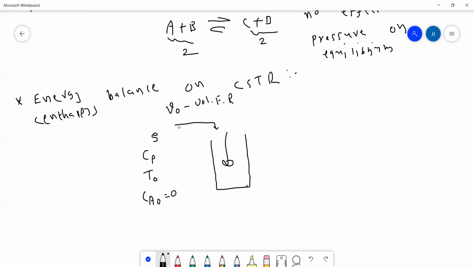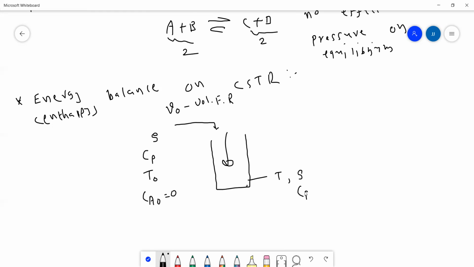There is no conversion in the inlet stream. Now let's say we are adding heat to the system, and due to that the temperature changes in this reactor. Let's say T is the outlet temperature, and rho is the density.